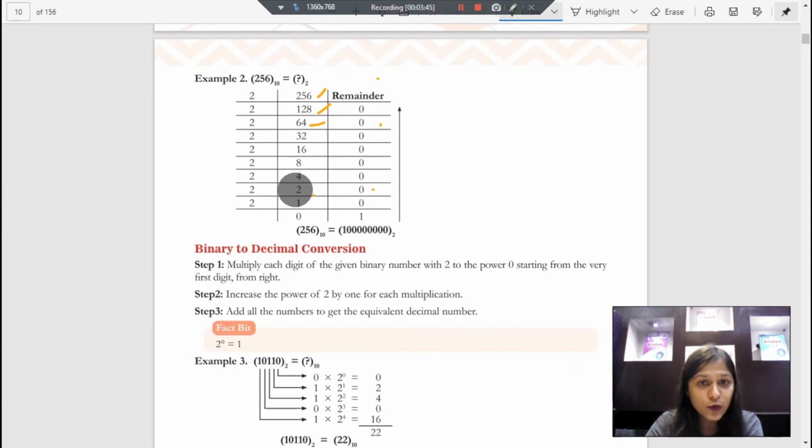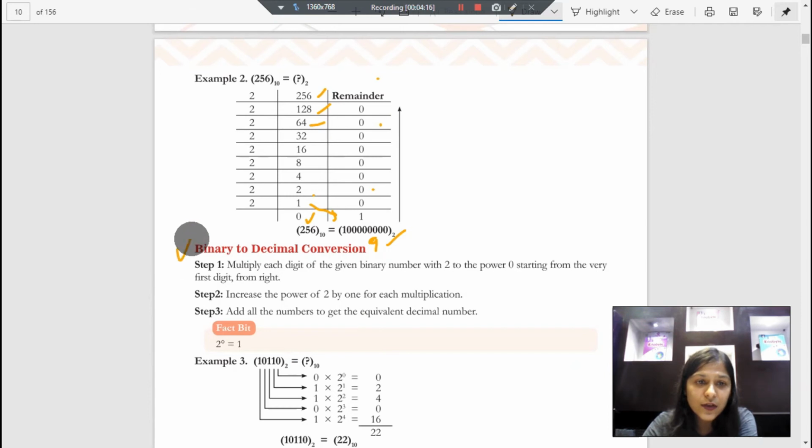Now 2 ones are 2, and we know that we have to get this as a remainder, so we will write 0 here, and then we will reverse the order. So 1, 0, 0, 0, 0, 0, 0, 0, 0. That is 256 in binary, right? And if we count the digits, it will be 1, 2, 3, 4, 5, 6, 7, 8, and 9. So we have 9 digits here.